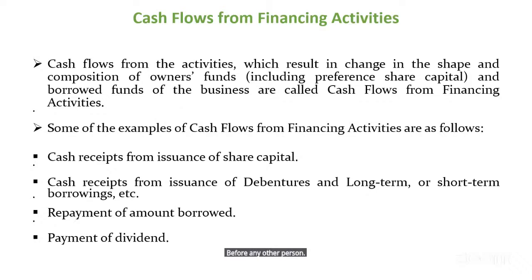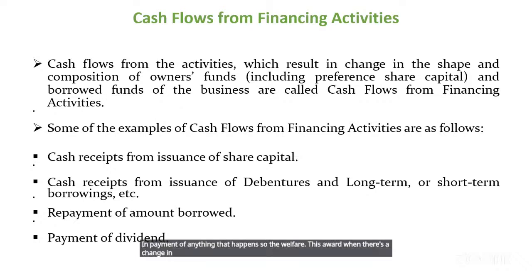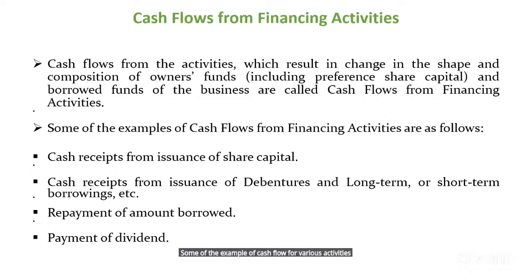So they rank first in payment of anything that happens. When there's a change in the shape and composition of owners' fund, it's called financing activity. Some examples of cash flow from financing activities include: one, cash received from issuance of share capital.